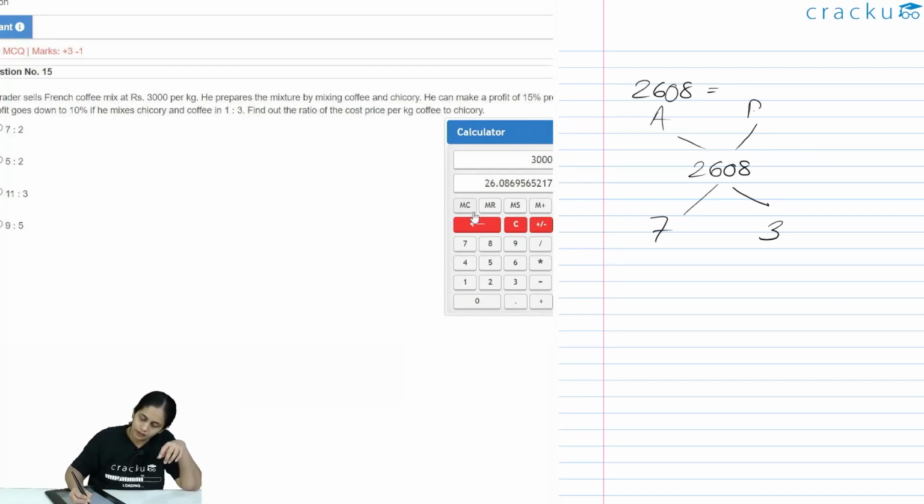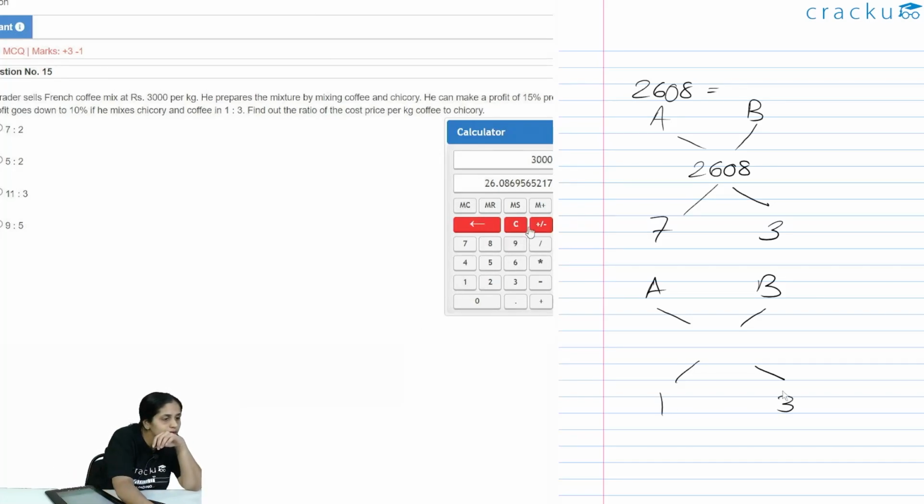And A and B, and similarly A, B, and this is 1:3, which is if he is mixing it at 10%. So this is 3000 divided by 1.1%.